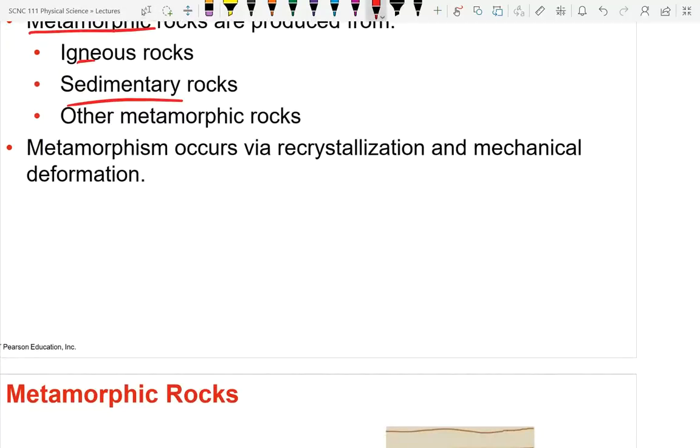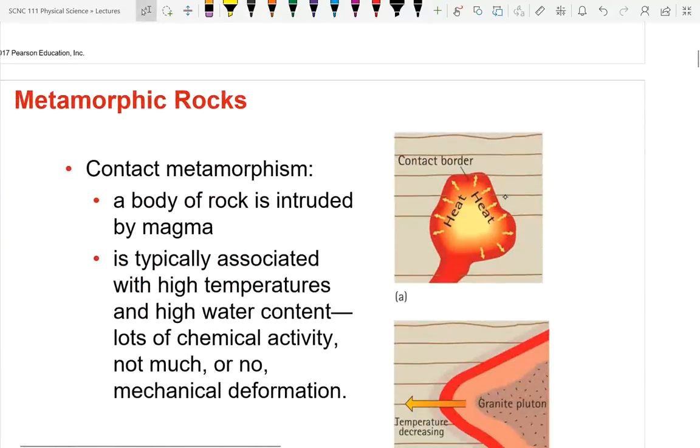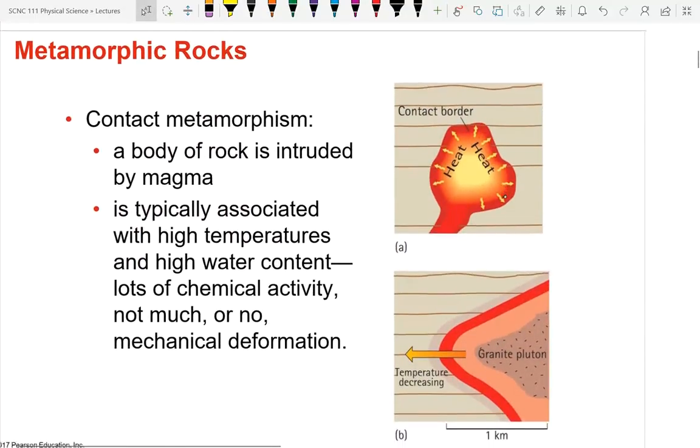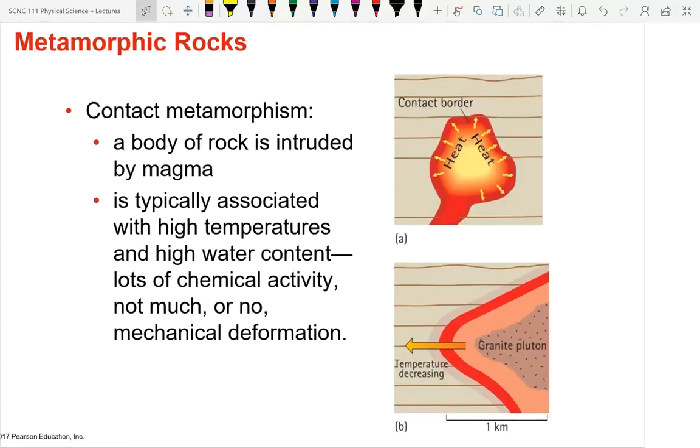When metamorphism occurs, you can have some recrystallization and mechanical deformation, that is, the changing. Here is an example of how metamorphism could occur. You have a granitic pluton. That pluton is magma that is solidifying, cooling, forming a solid rock very slowly.